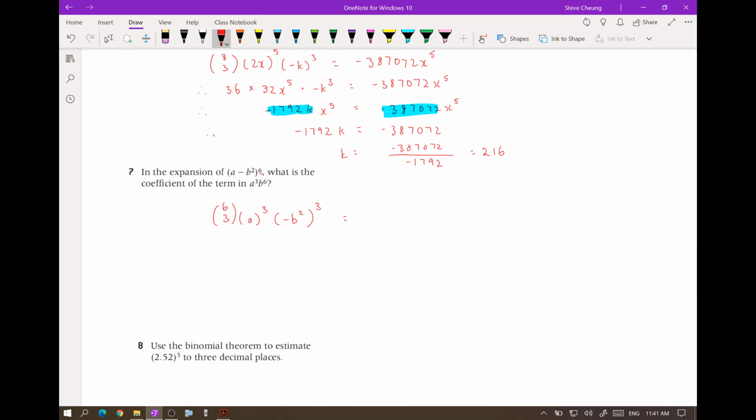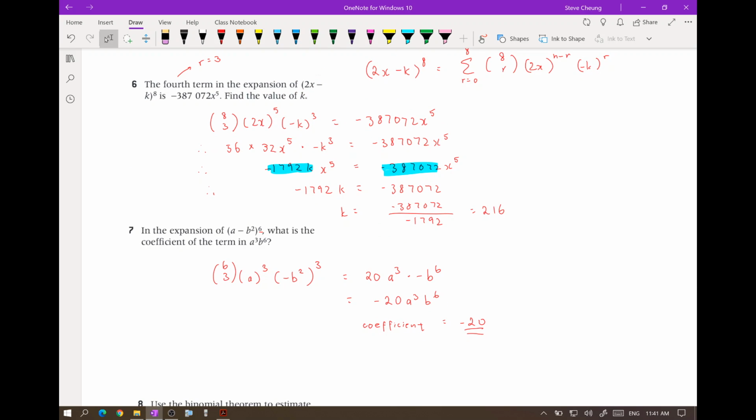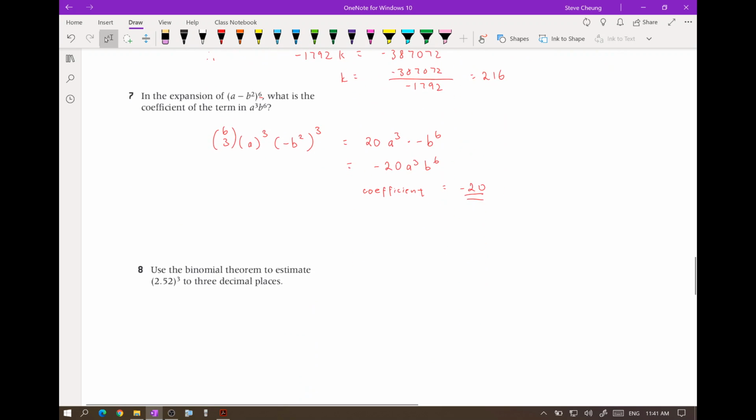So just do 6 choose 3 on your calculator, or you can expand it by hand, which is 20. This will be minus b to the power 6. Now this time we only want the coefficient, so the coefficient equals minus 20. I would strip off the coefficient right at the very end, because sometimes it's important to carry on with the powers, because it may not be what you are actually dealing with at the end.